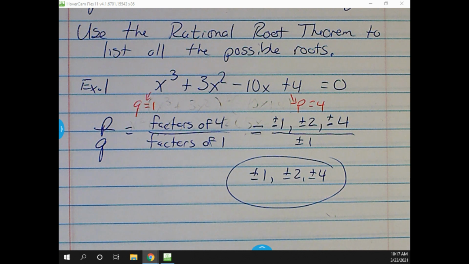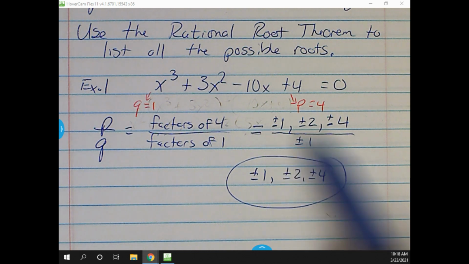Now, if it's over 1, I won't say it's a trick question, but it's an easy question, because if you divide everything by 1, it doesn't change anything. So it's just those numbers.